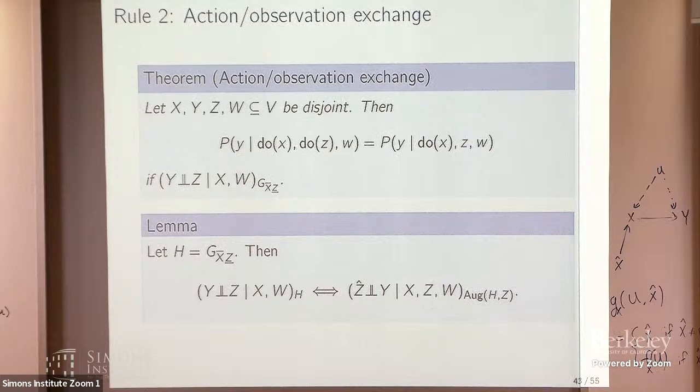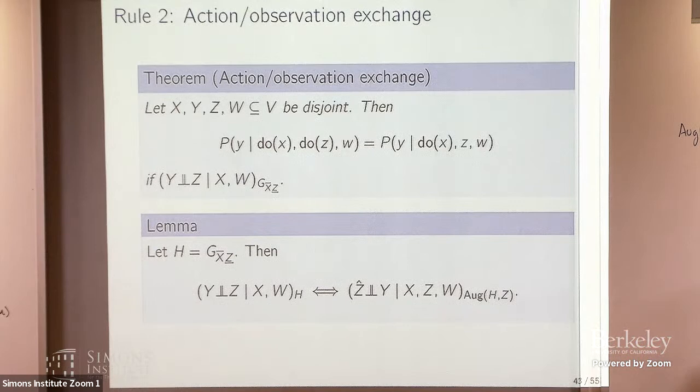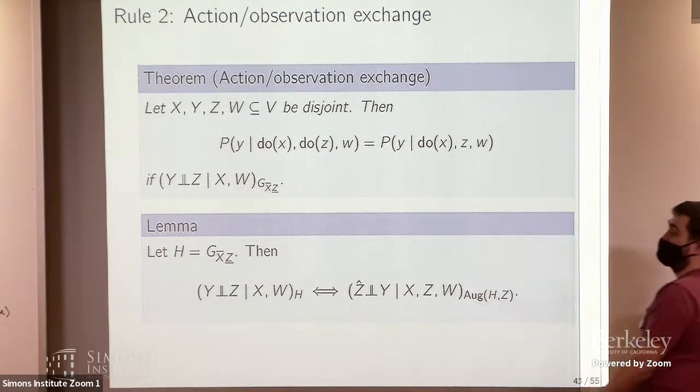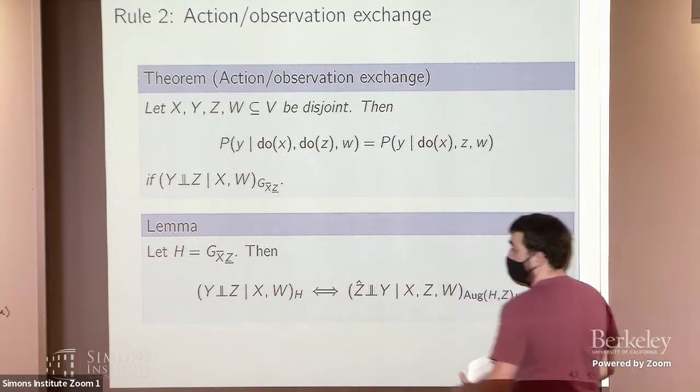So how do we go about doing this? We are going to prove each direction separately, and we're going to do the same sort of reasoning that we've done before, which is to take active trails witnessing d-connection here, turn them into active trails witnessing d-connection here, and vice versa.